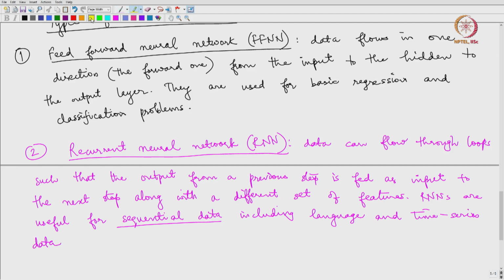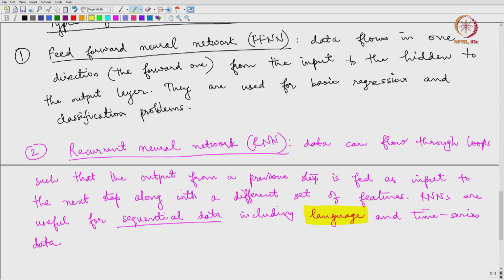Now language models are very important. Of course, LLMs like ChatGPT and Gemini are all based on neural networks, but not on recurrent neural networks. Recurrent neural networks were very popular several decades ago, but now they have been replaced in the previous decade by something known as transformers, and we will briefly learn what they do.